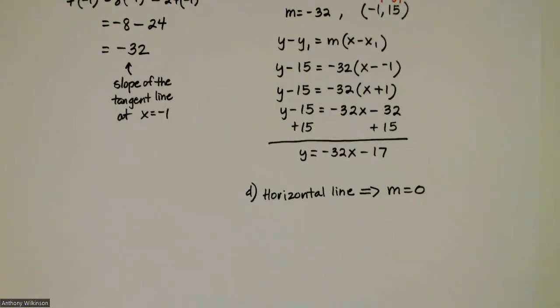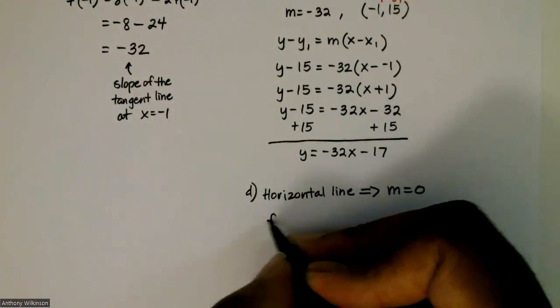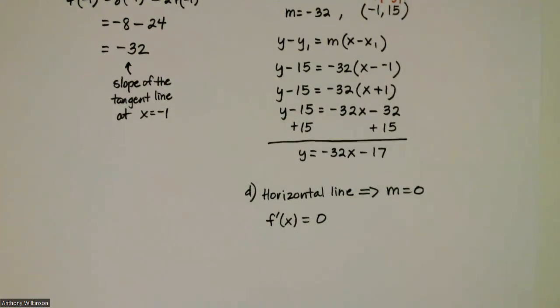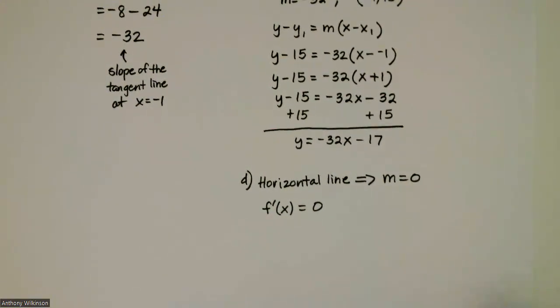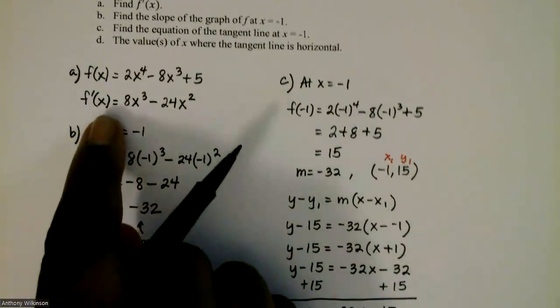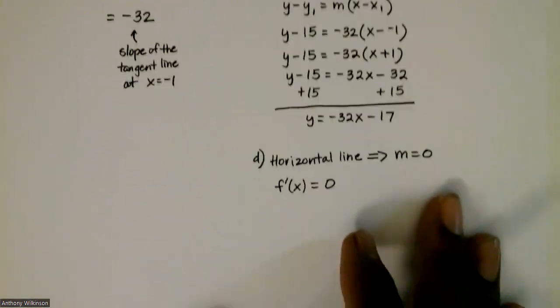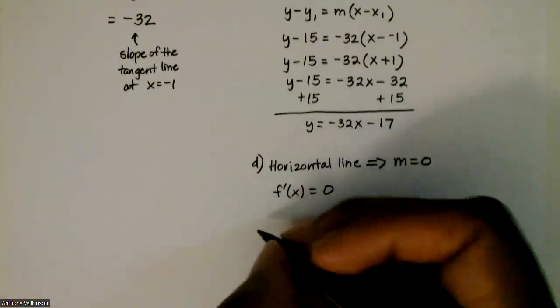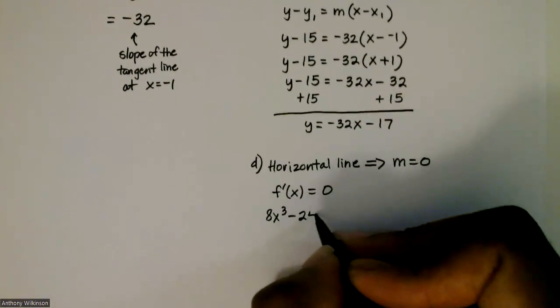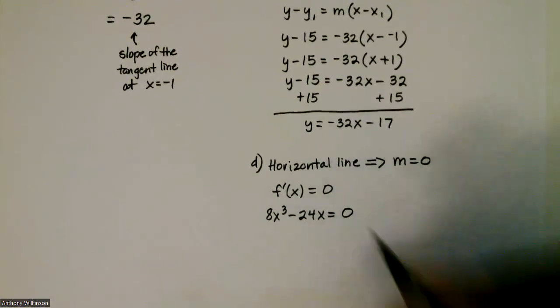Anytime you have a horizontal line, that means the slope of that horizontal line is automatically going to be 0. And f prime of x has to be equal to 0 because that first derivative will give you the slope of that tangent line. And f prime of x we found in part A was this 8x cubed minus 24x squared. We're going to set that to be equal to 0.